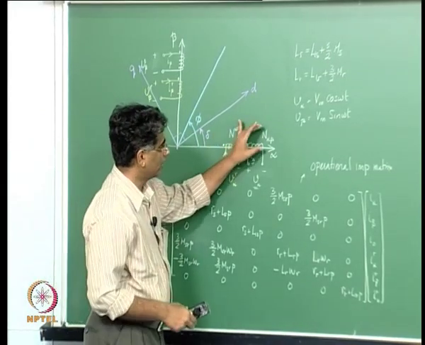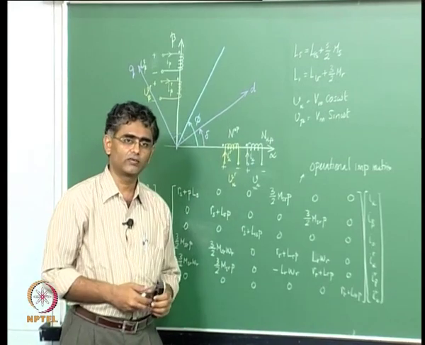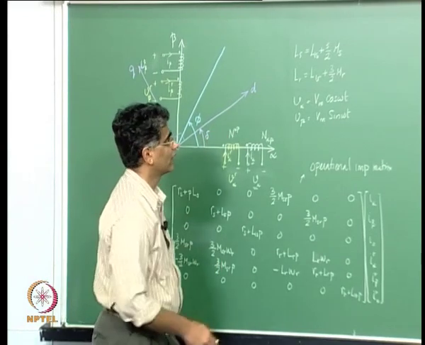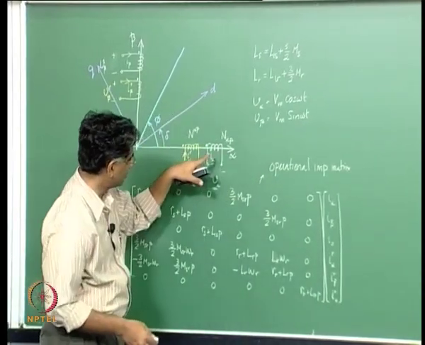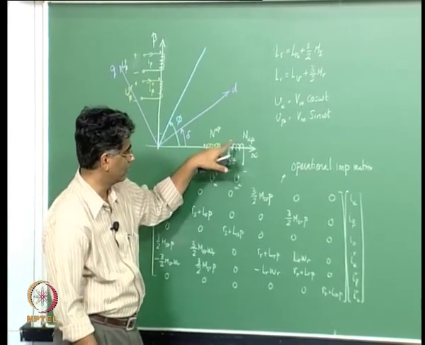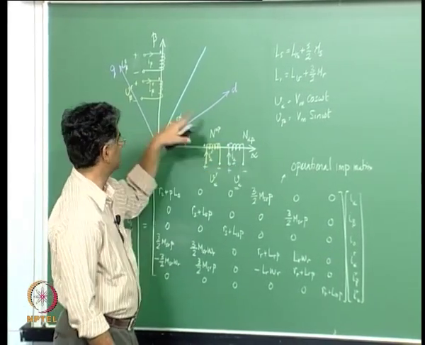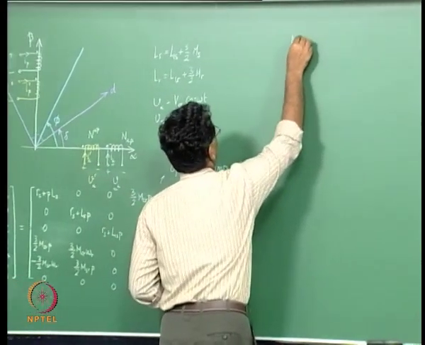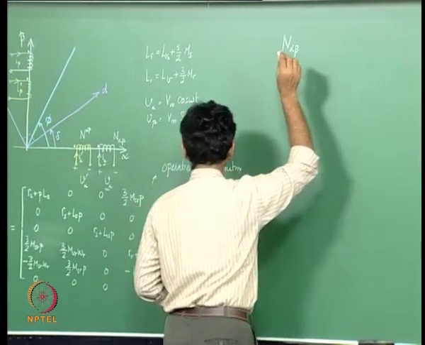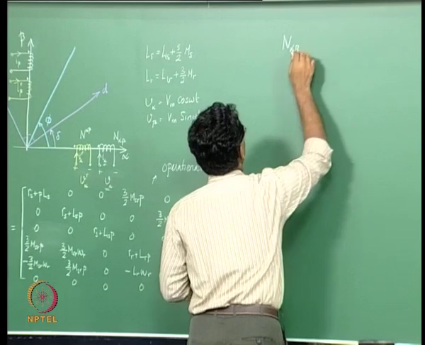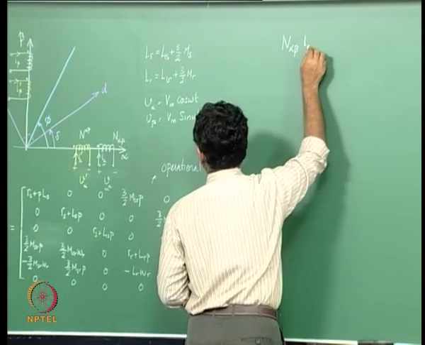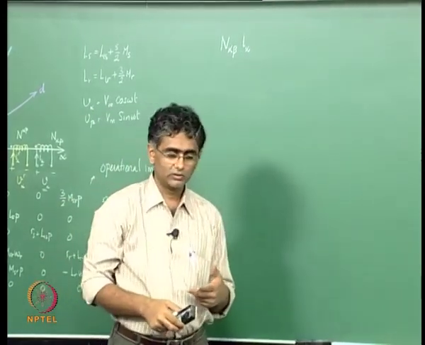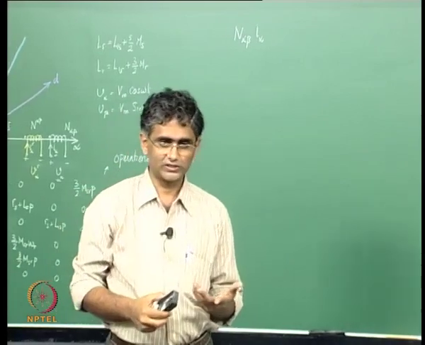So, if you now have n alpha beta as the number of turns in the stator, we are considering only the stator for the time being, then the MMF generated by this I alpha that is flowing in so many turns at this point phi could be written as n alpha beta multiplied by I alpha into some term which is a fixed number.